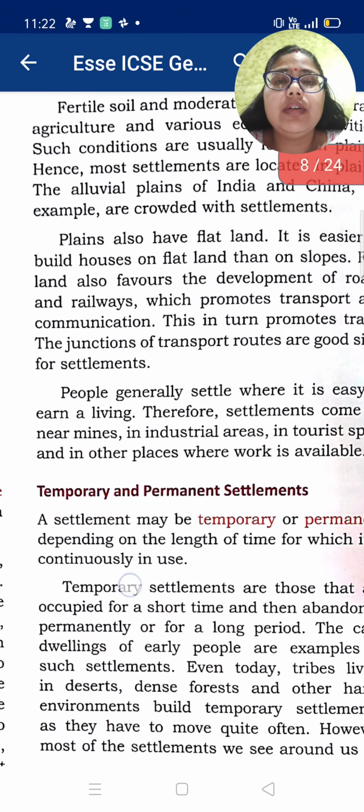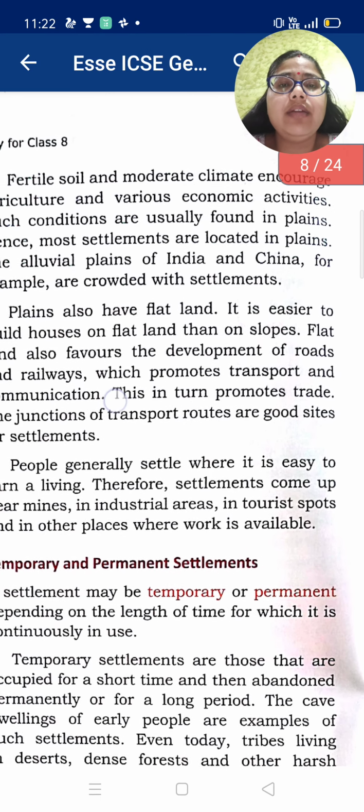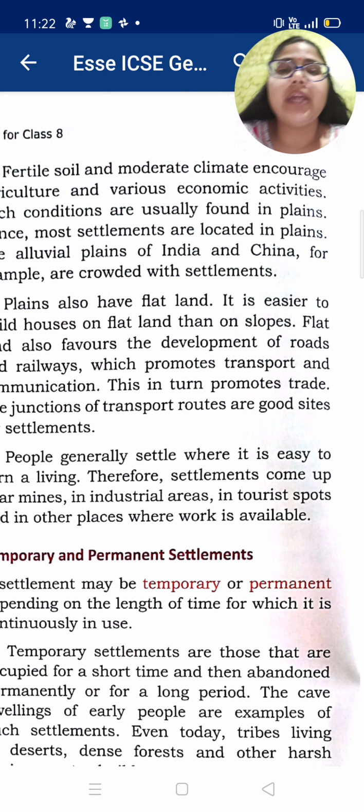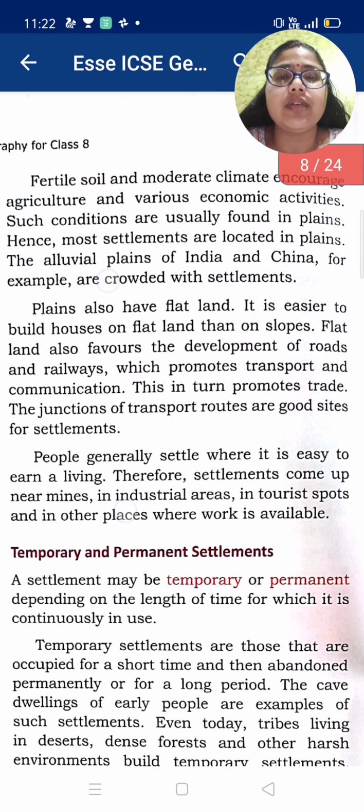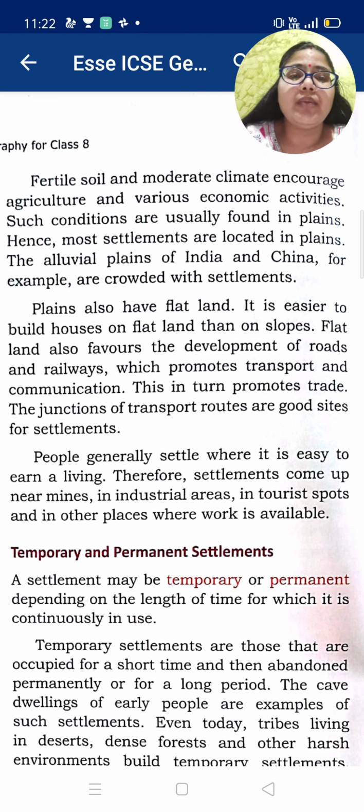Then fertile soil and moderate climate encourage agriculture and various economic activities. Okay, so the source of water helps in having fertile soil. And with the help of moderate climate, it encourages agriculture and various economic activities.